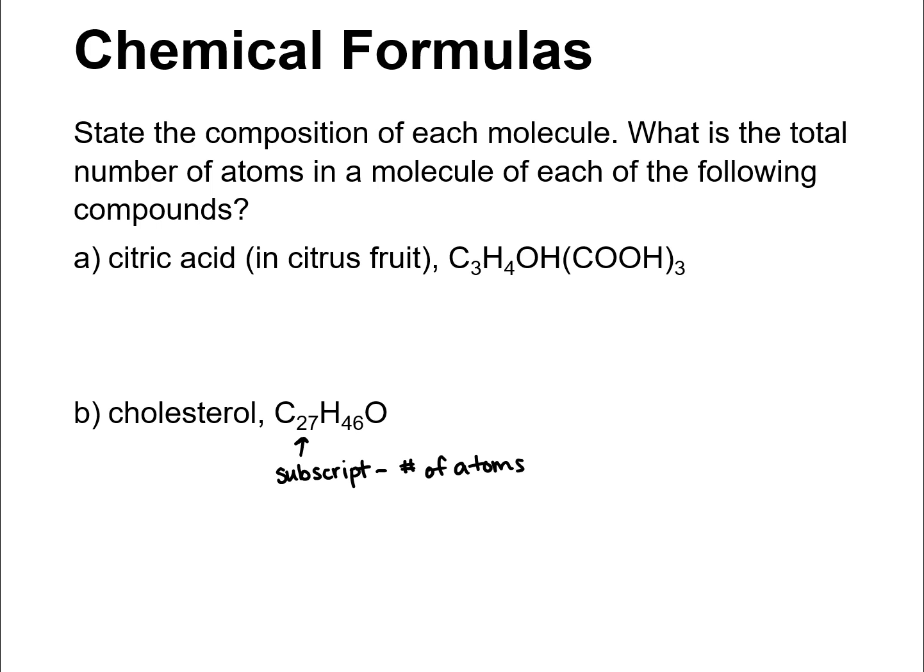So if I were to read this and try to figure out, okay, how many carbon atoms do I have? Then I'd look at the C. C is carbon. And the subscript says 27. So there's 27 atoms.